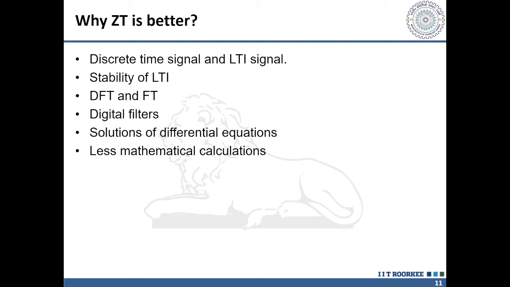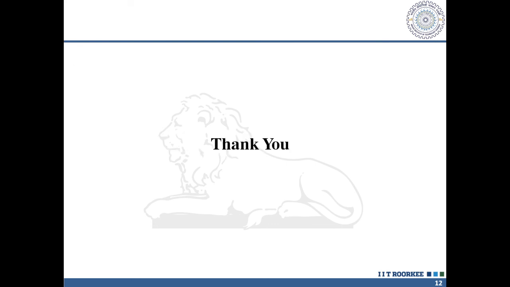The stability of the linear time invariant system can be determined by calculating Z transform of a given signal, DFT and FT can be determined. The entire family of digital filters can be obtained from one prototype Z transform. The solution of differential equations can be simplified, and we can reduce the mathematical calculations by using Z transform. That's all from my side.